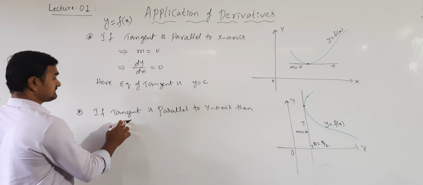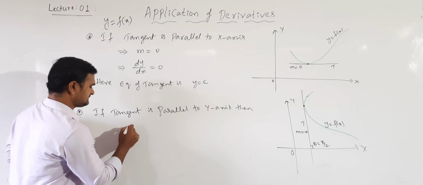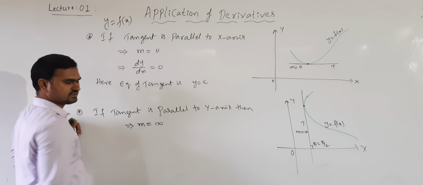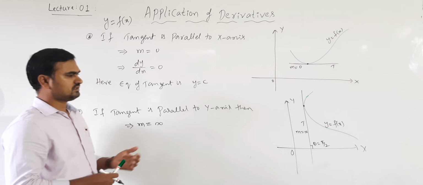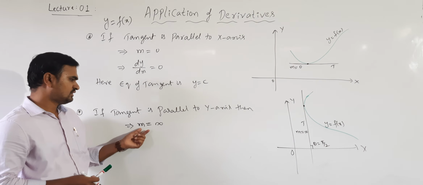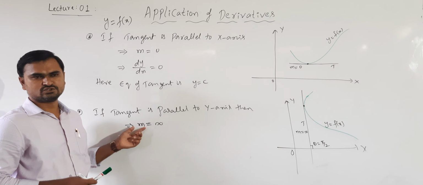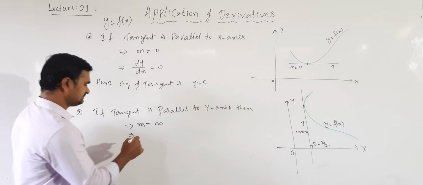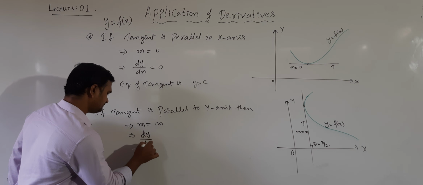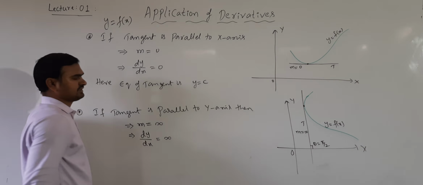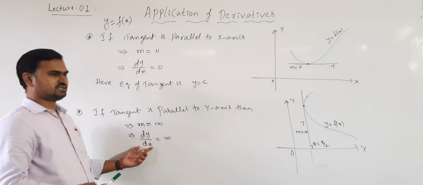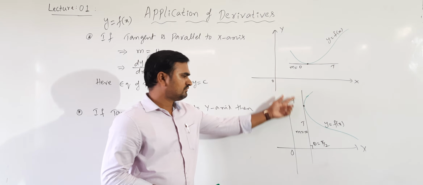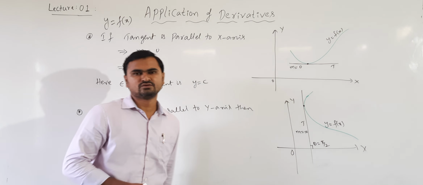Now for the curve y equal to f of x, the slope of tangent is always given by the derivative. So dy by dx is undefined. When the derivative is undefined, we can say that at that point we have a tangent which is parallel to y-axis.